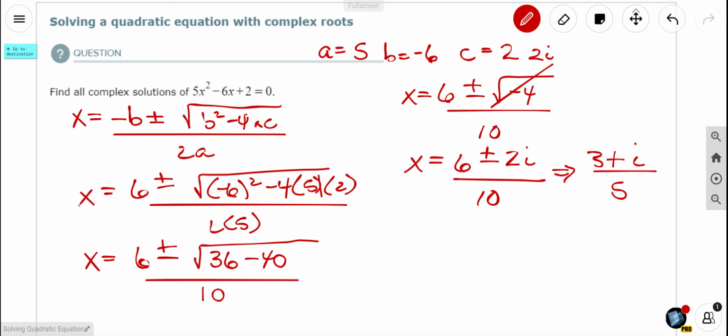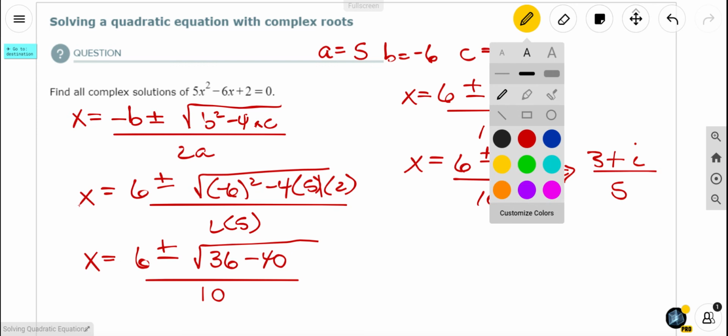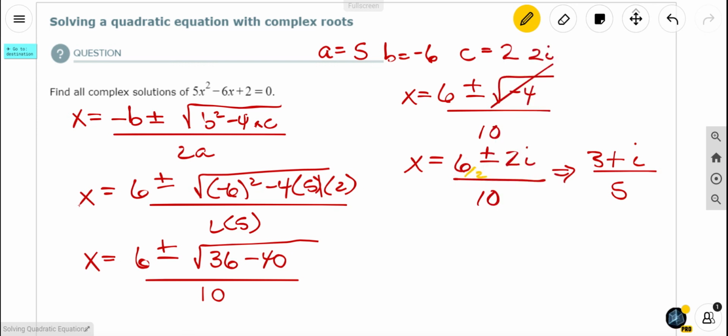I divided 6 by 2, 10 by 2, and 2 by 2. They all three have to be divisible by 2 in order for you to do this. And that is the answer, 3 plus or minus. So you would write x equals 3 plus i over 5, or x equals 3 minus i over 5.